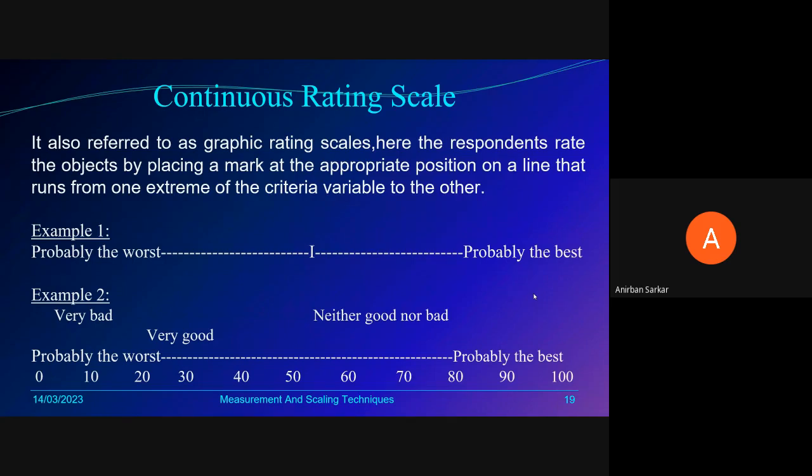Actually, this has not been ordered properly due to an alignment problem. It will look like probably the worst from 0 to 20, and from 20 to 40 it will be very bad. From 40 to 60 it will be neither good nor bad. From 60 to 80 it will be very good, and from 80 to 100 it will be probably the best. So this is a continuous rating scale where you are using the entire scale.